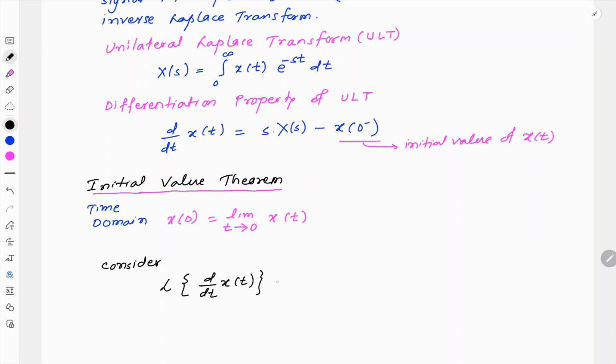In this case, its unilateral Laplace transform can be obtained as integration from 0 to infinity, since it is unilateral, of d by dt of x of t with the basis function e raised to minus st dt.